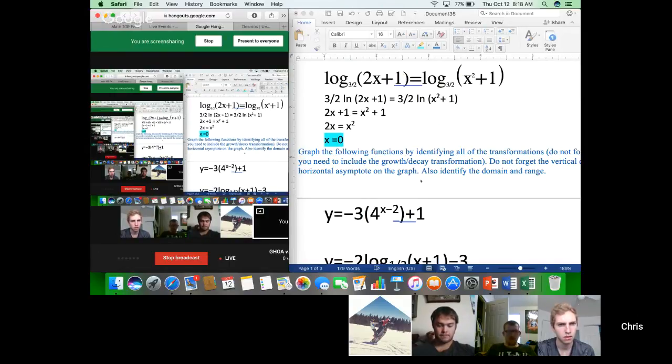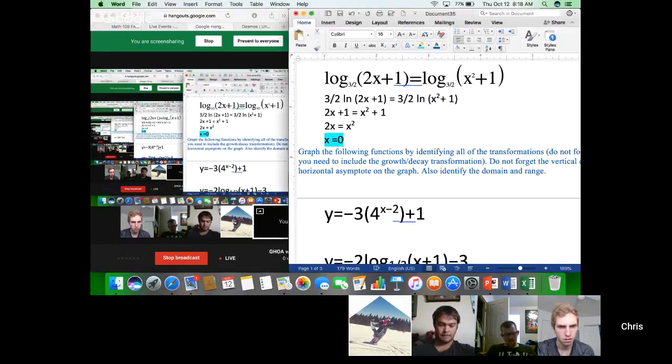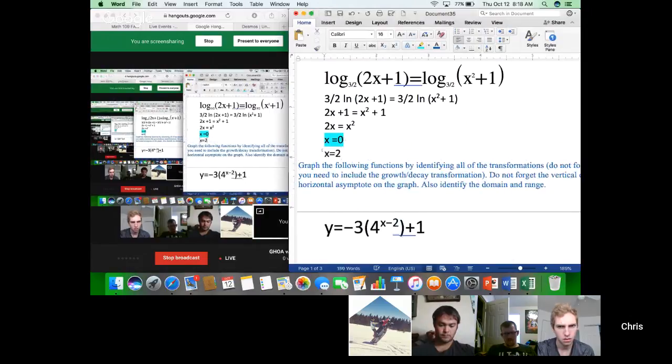For the log of 3/2, it does not go negative. Or the first one, I guess. 2x plus 1. Oh, but wait a minute, because it's x squared plus 1, it goes positive either way. So it can go negative.